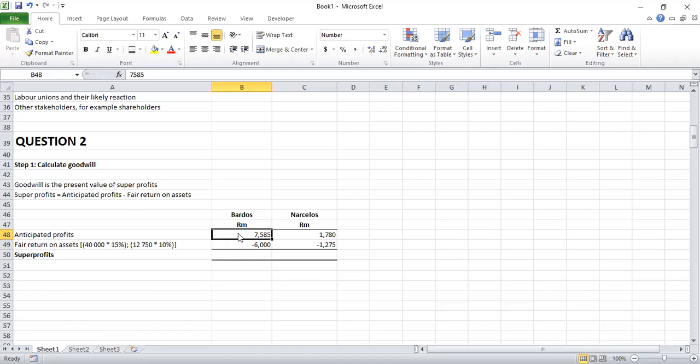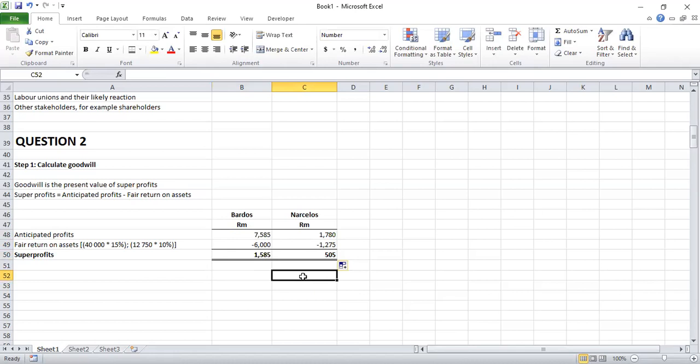The assets, if they were held by anyone else, could generate 1,275. But because they are held by Nacelos, it has created other things like customer loyalty, good relations with suppliers, good relations with government officials. They are getting 178. So the difference is what we call the super profits. So the super profits give us the value of the other advantages that are associated with the business other than those reflected in the assets of the business.